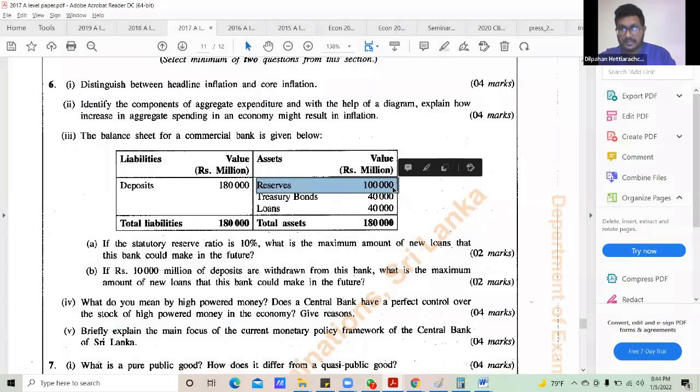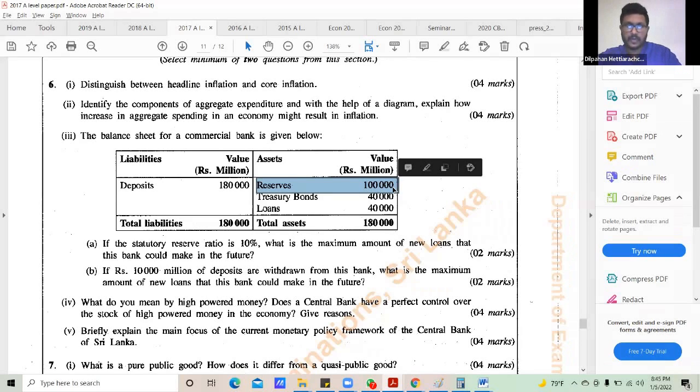Reserves. Reserve means the money which is kept aside or reserved for one objective. What is that objective? To repay the customers when they ask for money, when they withdraw their money from their accounts. For that purpose, definitely banks need to hold some money, and that is called reserves.